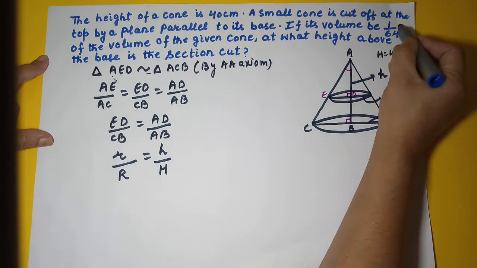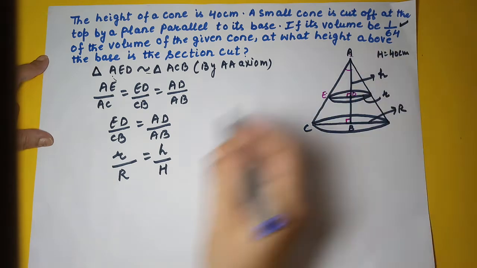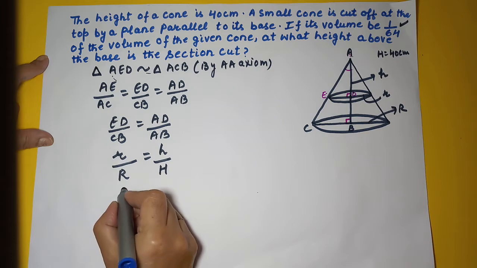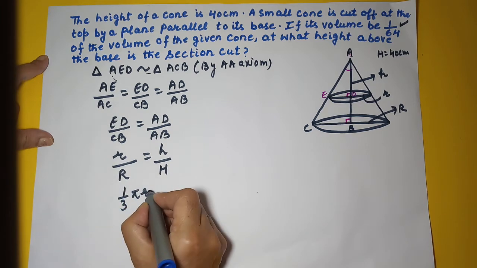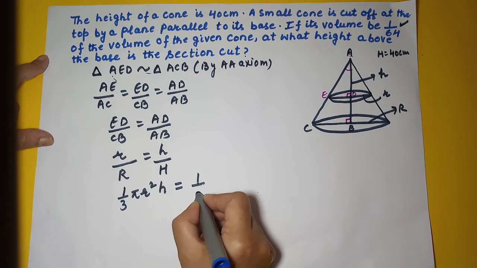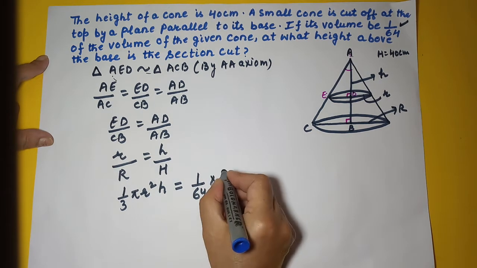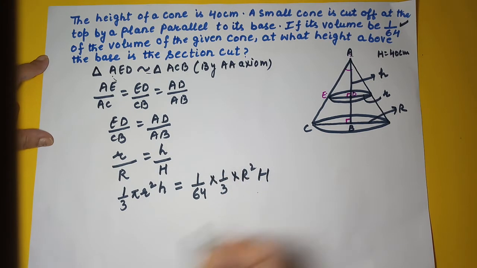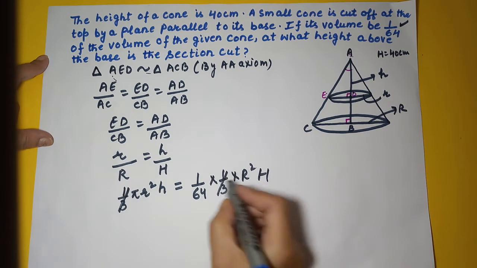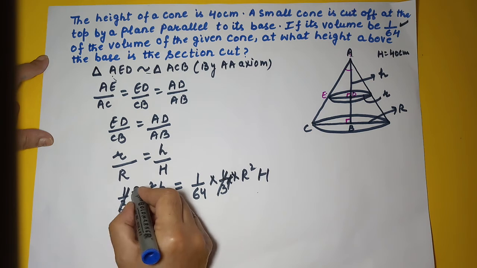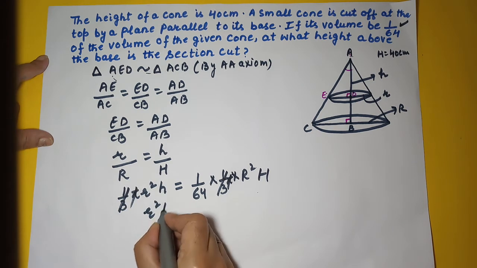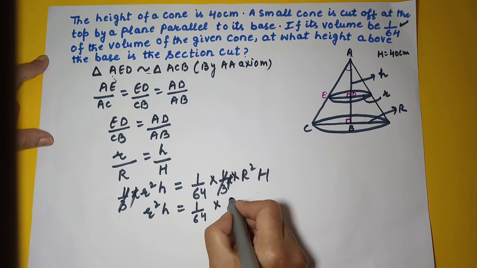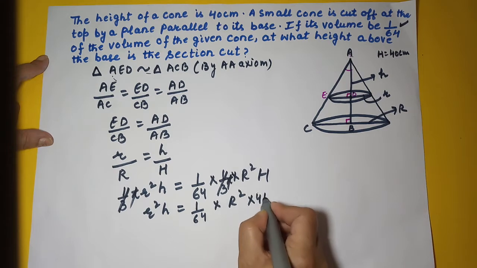Now I will use this situation which is given in the question. Volume of this small cone, that is 1/3 pi r square h, is equal to 1/64th volume of the big cone, right? So 1/3 and 1/3 will go. Pi and pi will also go. So I'm left with r square h is equal to 1/64 into R square, and for this H I have 40, right?